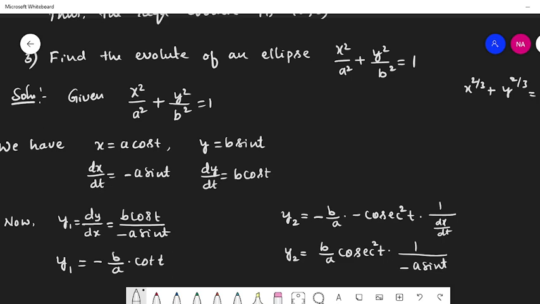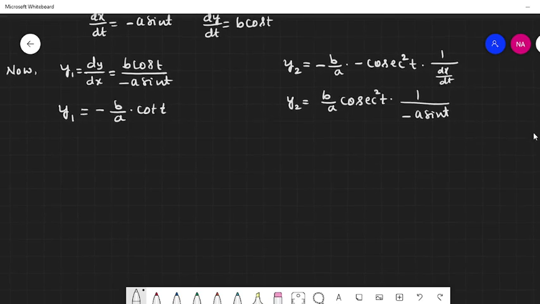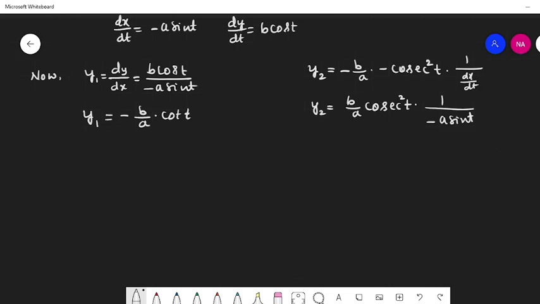But 1 by sin is cosecant. So we get y2 equal to minus b by a square into cosecant cube t. So I got y1 and y2.